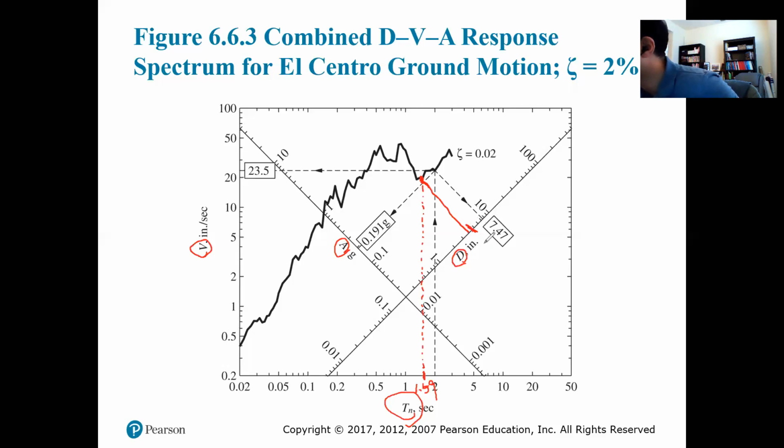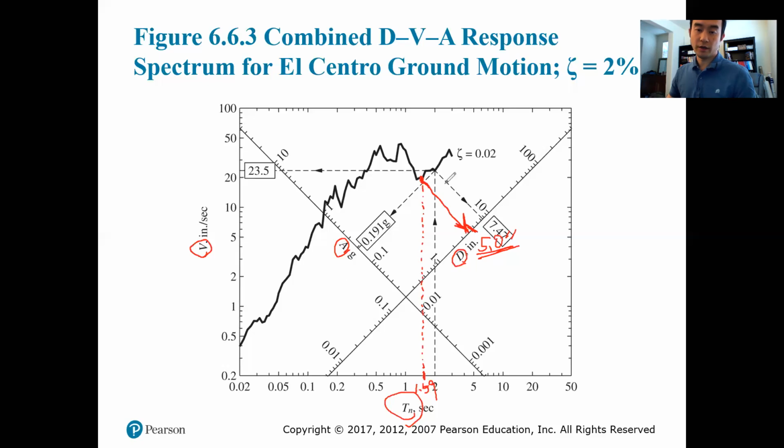According to the textbook, based on the exact location 1.59, the corresponding spectral deformation is going to be 5.0 inches. So this is going to be the maximum deformation due to the El Centro earthquake for the structural system. That's how we can read it.